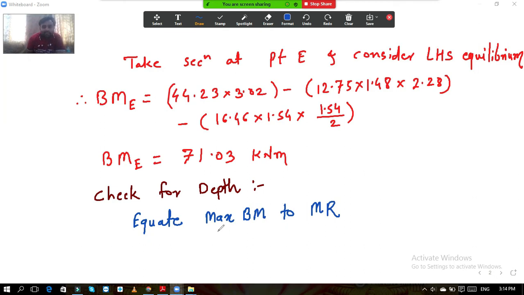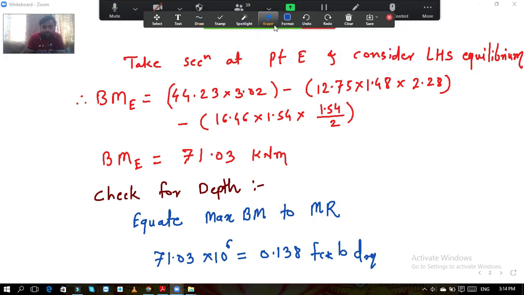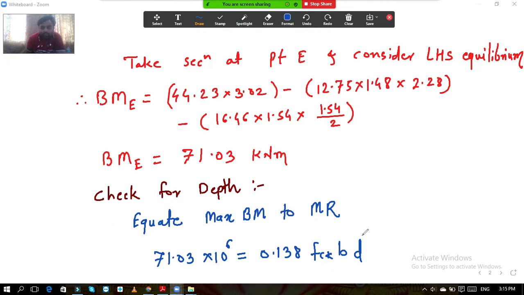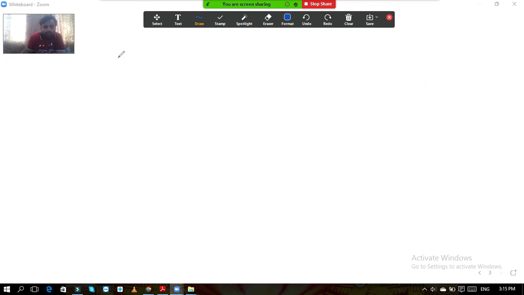So the maximum bending moment is 71.03 into 10 raised to 6 newton mm, which is equal to 0.138 fck b d square.